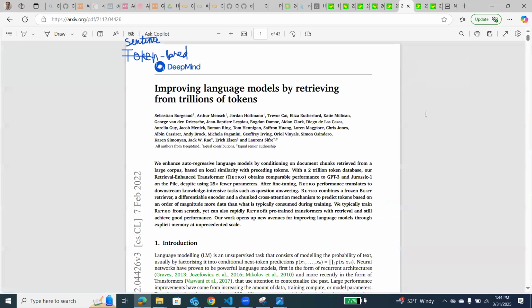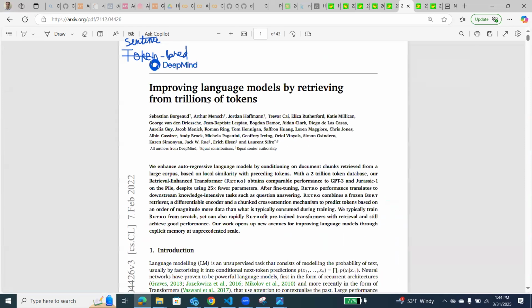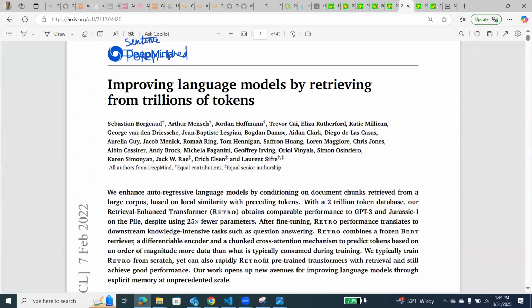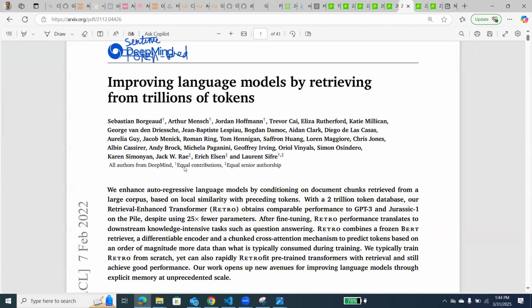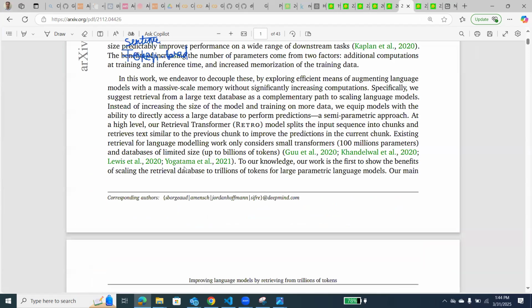Okay, so next paper, improving language models by retrieving from trillions of tokens.